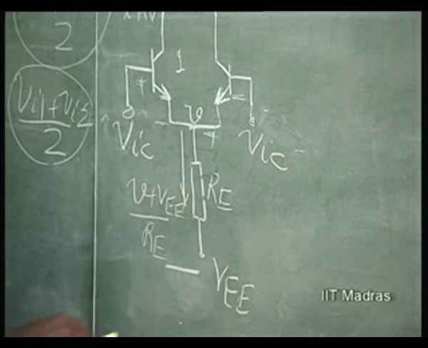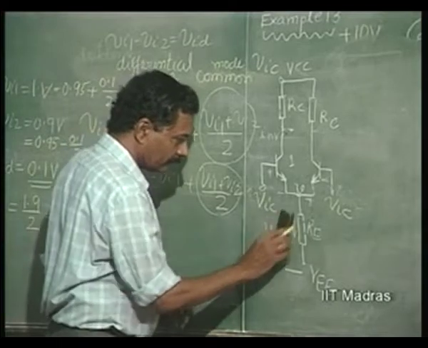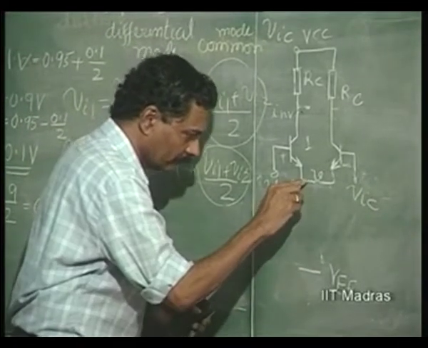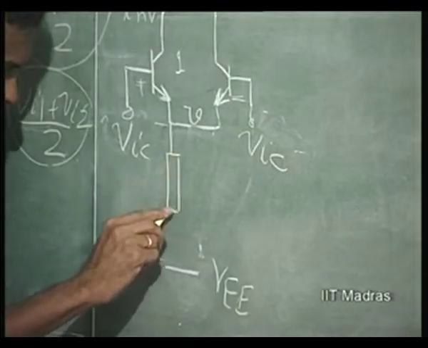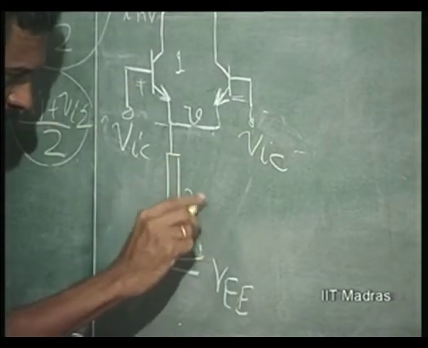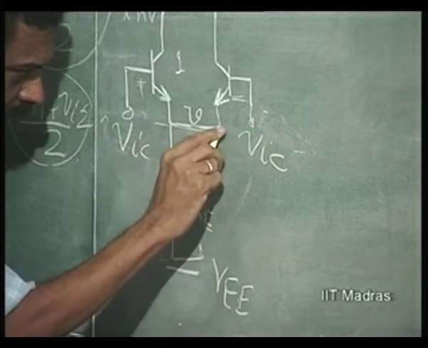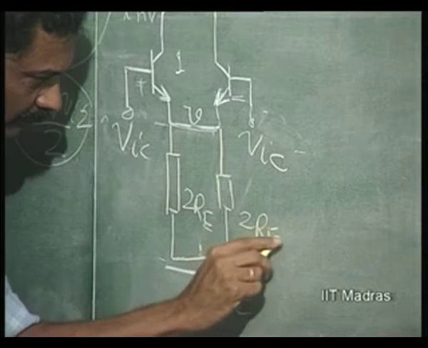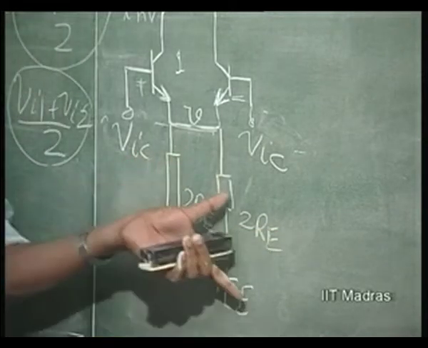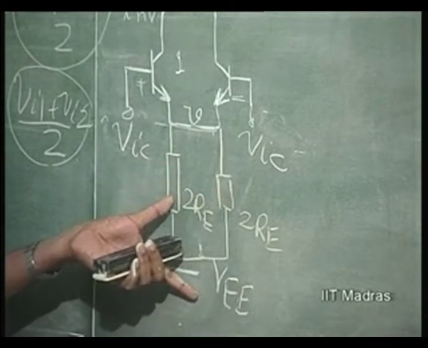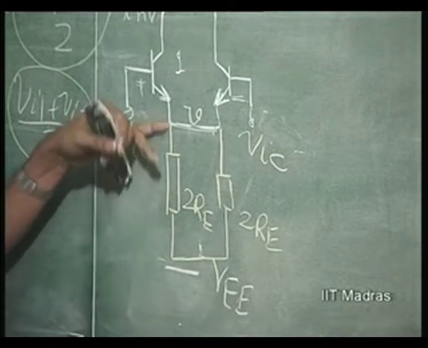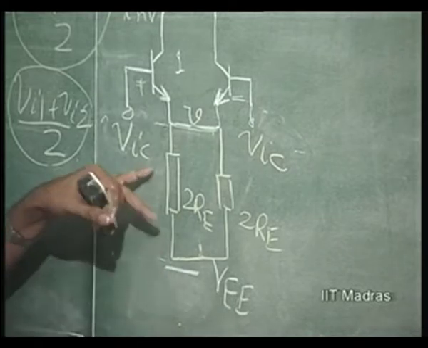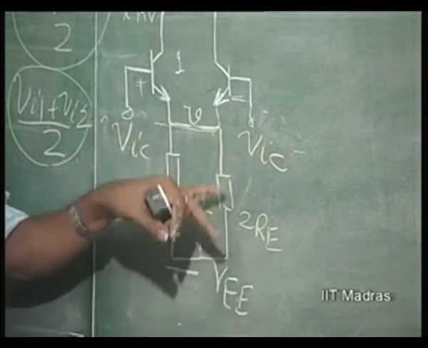So, I will put down 2 RE, because 2 RE parallel to RE is the same old RE, I have not done anything. So, the current in this is V plus VEE by 2 RE, this one also.